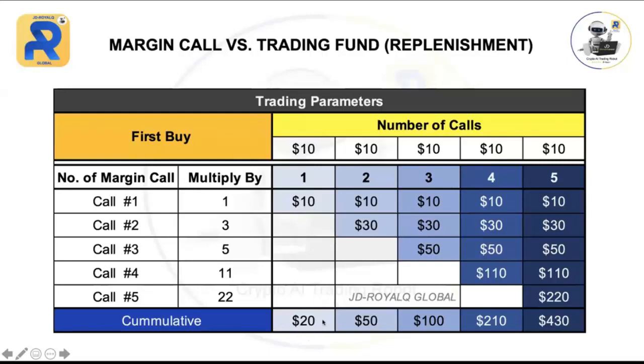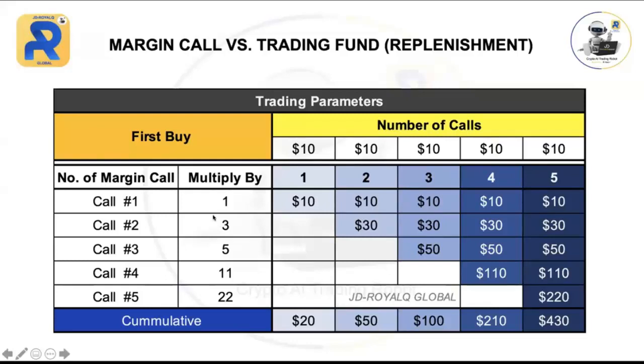$20. Now, if the market goes further down to call 2 and hits my multiple of 3, that will be $30. Can you see that? So now $30, and earlier I have another $10, right? That is $40. All right, if you add that $10 earlier, that will be a total of $50. Can you see that?